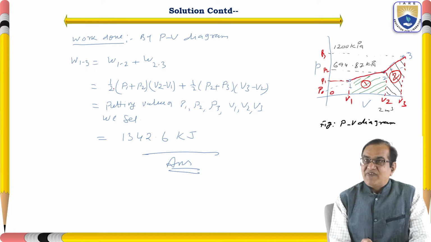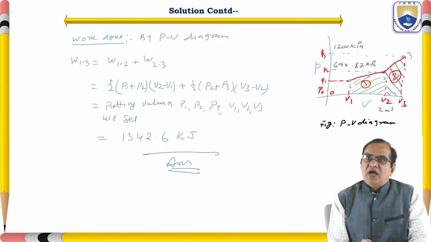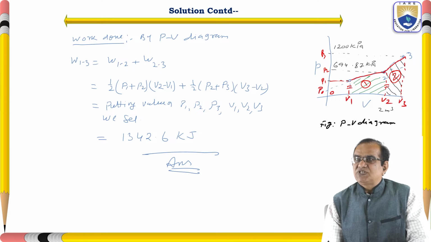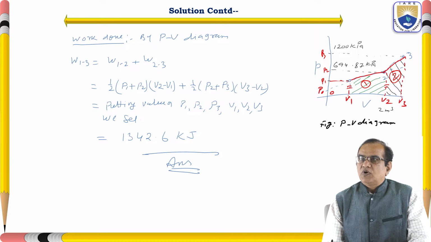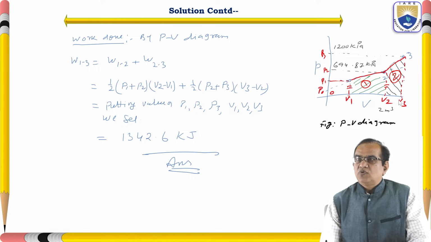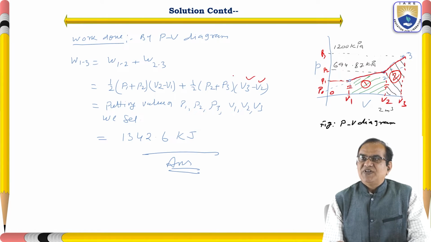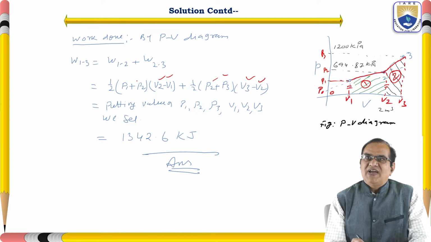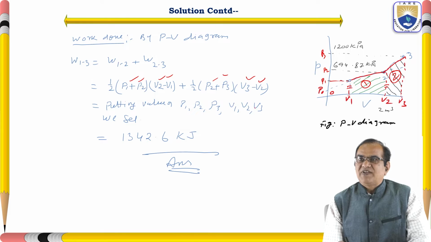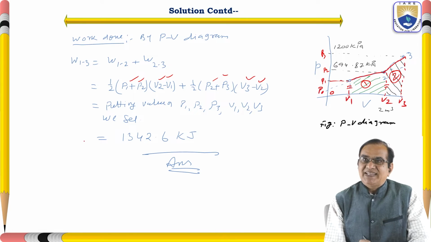For the first trapezoid, 1 by 2 (P1 plus P2) into (V2 minus V1), plus half (P2 plus P3) into (V3 minus V2). All the values we have found out. Putting these values P1, P2, P3, V1, V2, V3, we will get the work done.